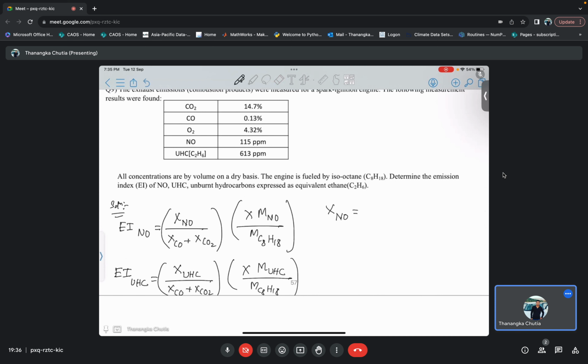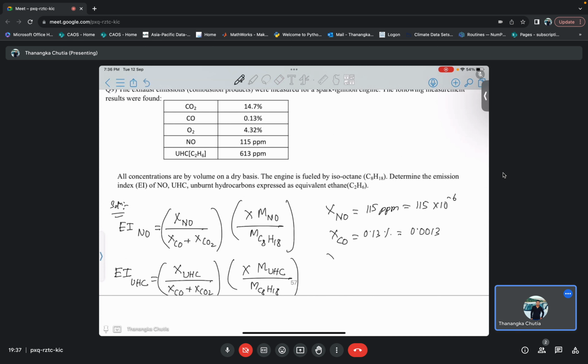What is this? 115 ppm, that is equal to 115 into 10 to the power minus 6. Okay, XCO 0.13%. Okay, and this can also be written as 0.0013.